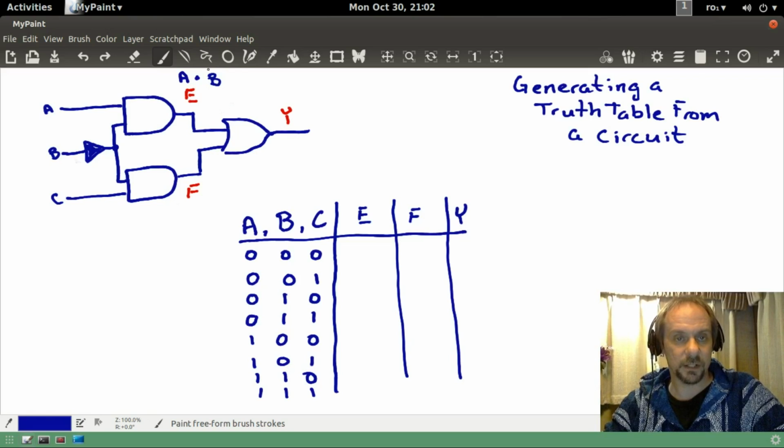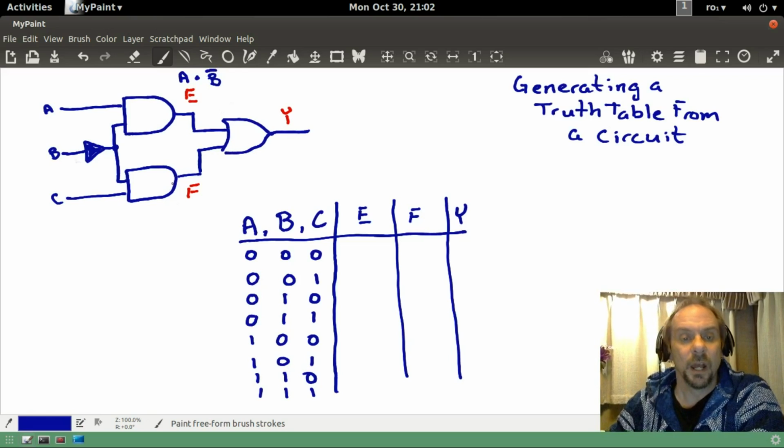Let me see if I can get that to... There we go. Okay, A and not B. So for all of these, 0 and anything is 0, and that'll carry on.